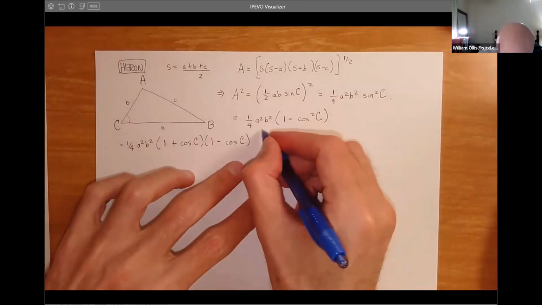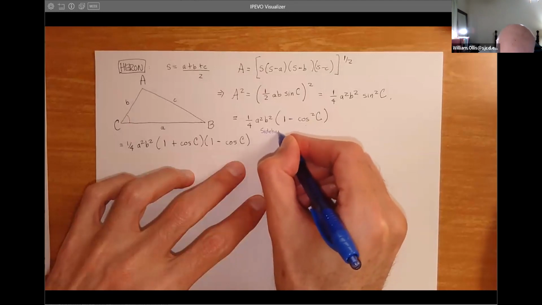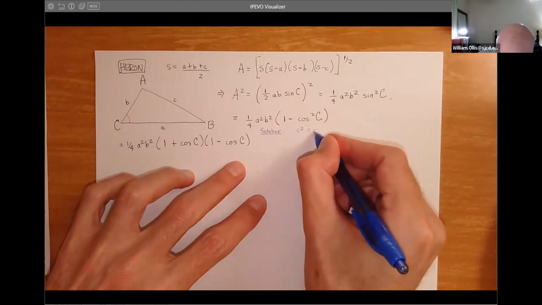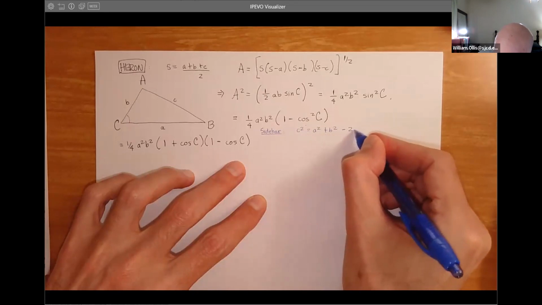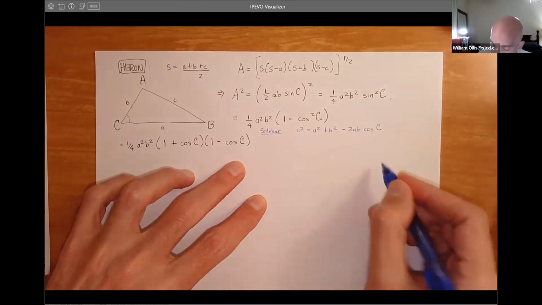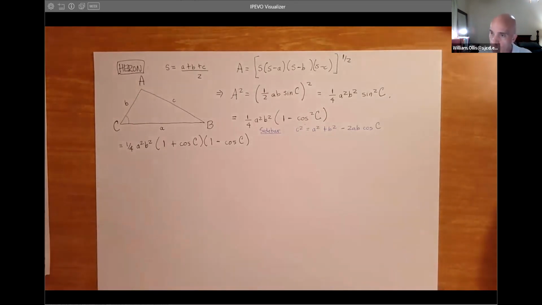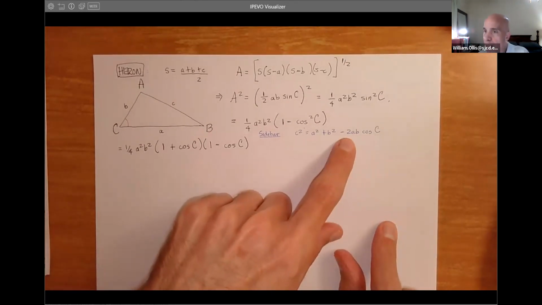So we know, let's do our little sidebar right here. Here's a sidebar. So we know c squared equals a squared plus b squared minus 2ab cosine C. That's exactly the type of formula we were using when we were solving the triangles. Remember I said transpose, take this to the other side, take this to the other side and divide by 2ab.